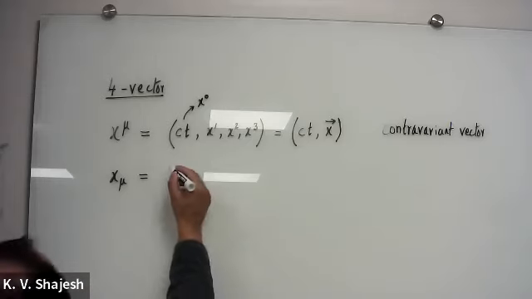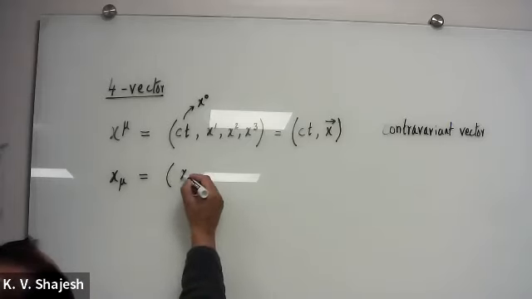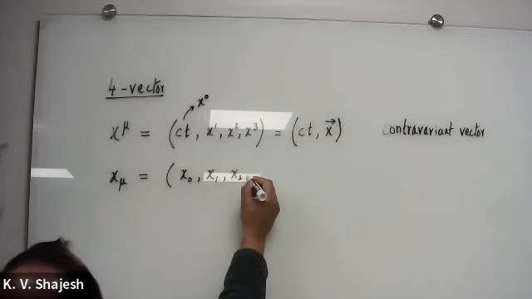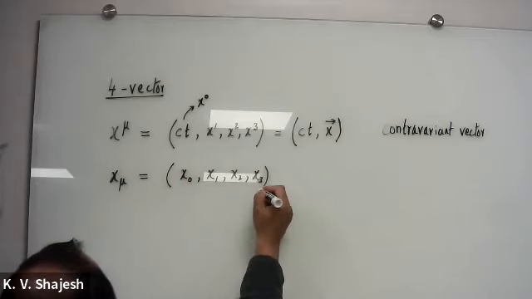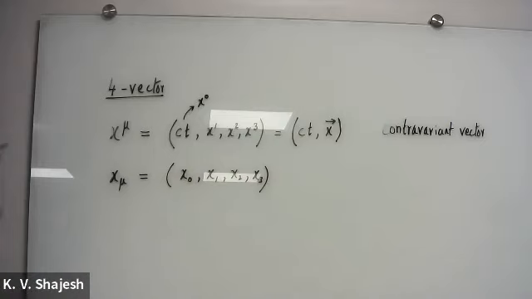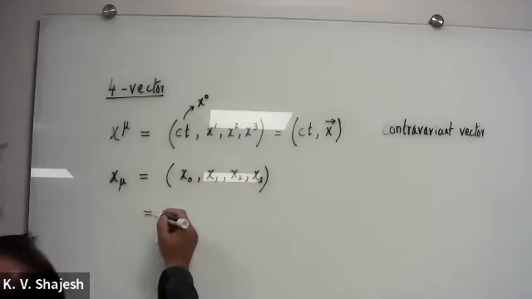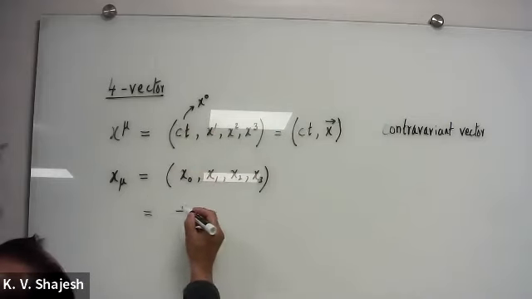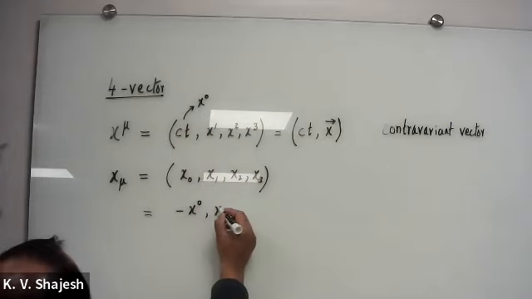This one will be x0, x1, x2, x3. But then x0 is actually minus ct.